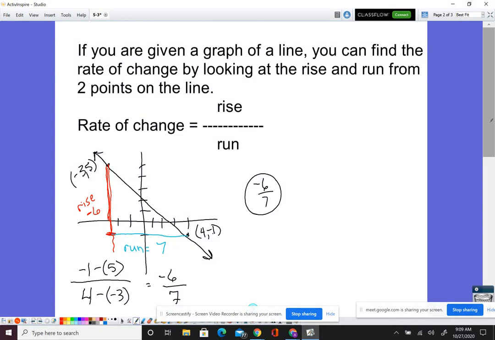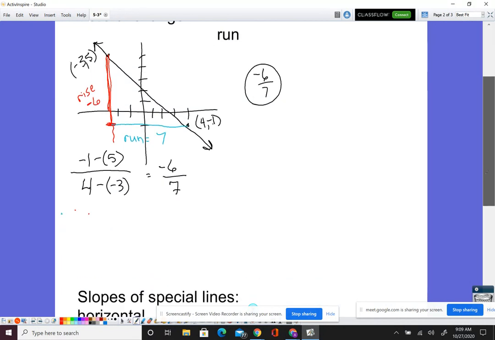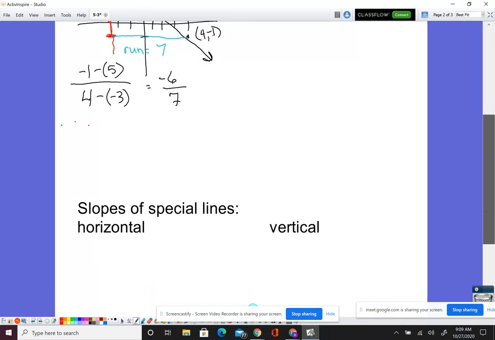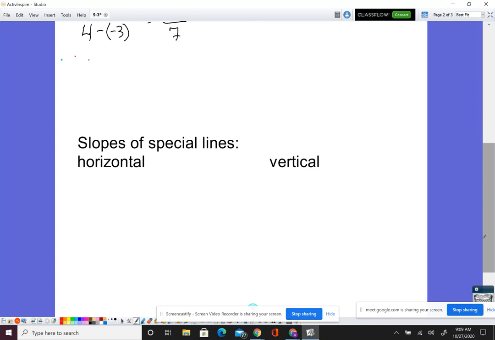Now, what happens when we have special lines? Well, our 2 special lines that we have are a horizontal line and a vertical line. So here's my axis. And I'm going to put in a horizontal line at -2.